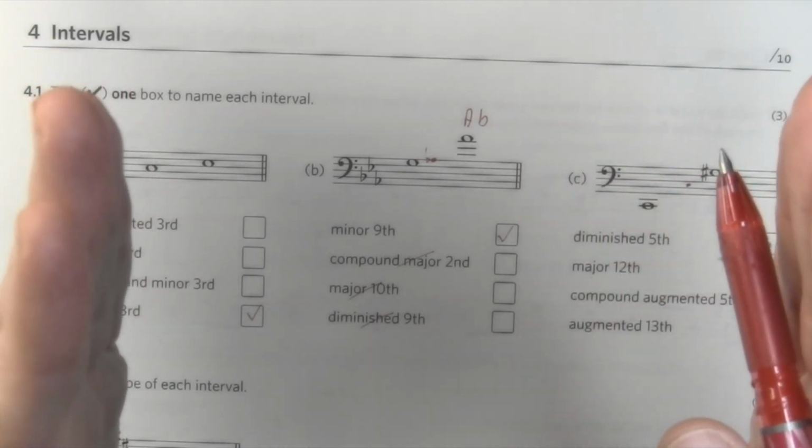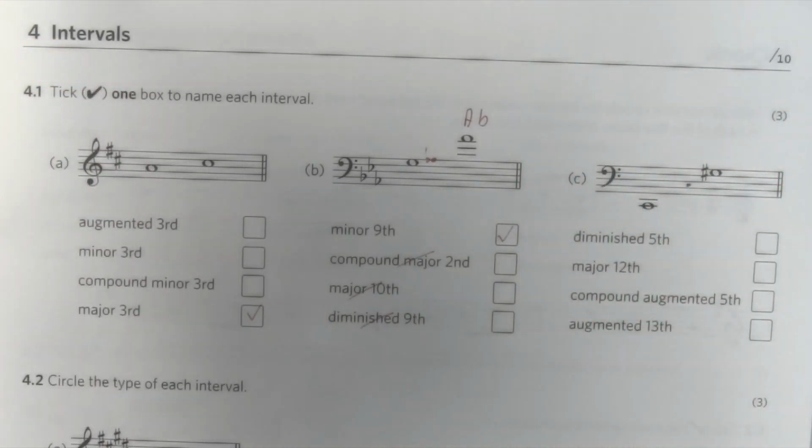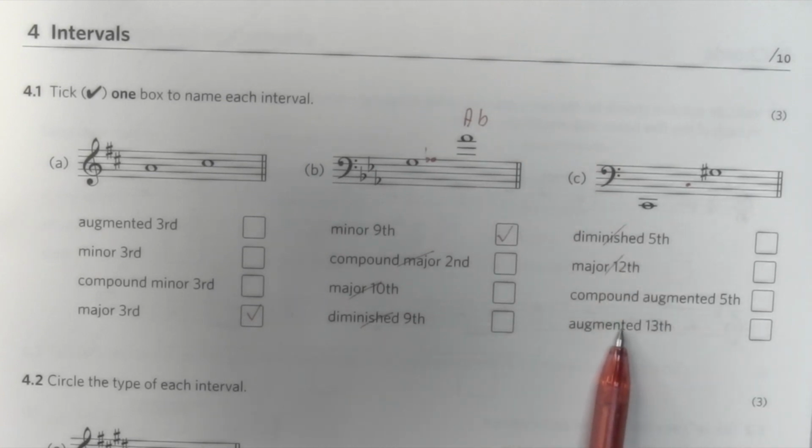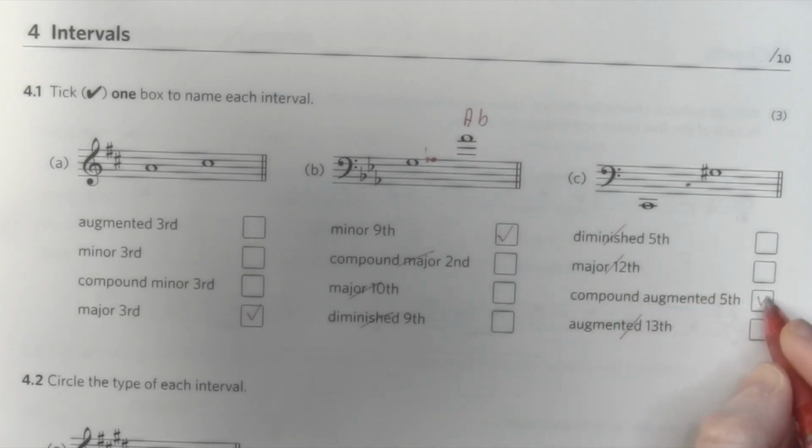So the interval is augmented. And we have a compound augmented 5th. It can be a 12th. It can't be an augmented 13th because it's a 12th. So our answer is a compound augmented 5th.